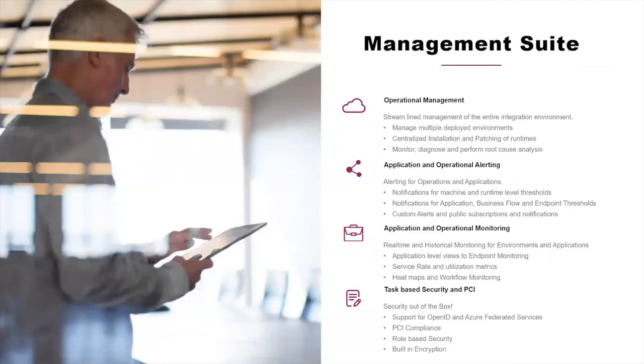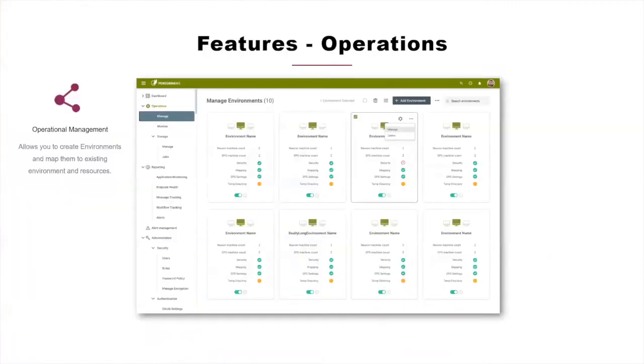Now, the upside with the Design Studio is it's tied in with this great new management suite to give you the operational management, the application management, alerting, and security platform that you really need to manage enterprise integration deployments. If you go into the management suite today, one of the core features that you'll see is operational management. And that's important.